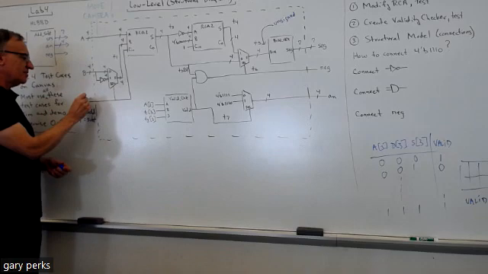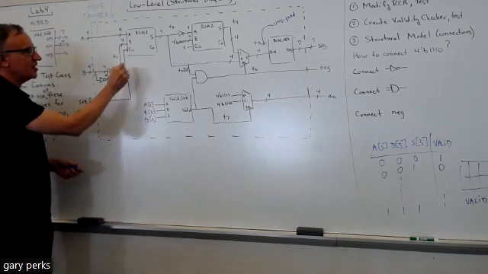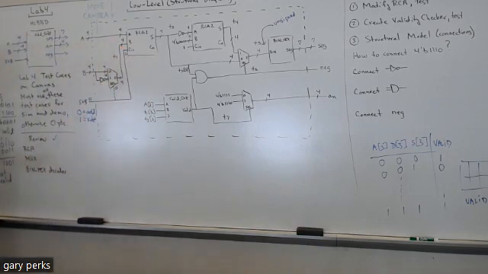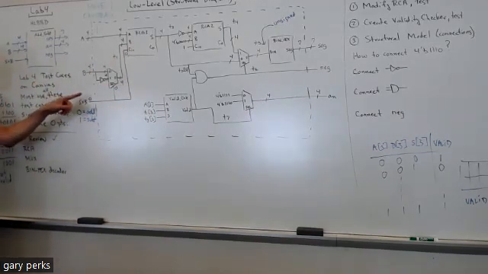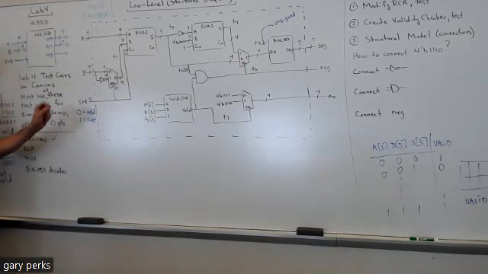So first, let's look at what happens when sub is 0. When sub is 0, it's gonna make the select of this mux a 0, and it's also gonna make the CN, the carry in to that RCA, a 0. Because this is all connected together, right? If you had circuits, this is all the same node. 0 is like 0 volts. As you know, a node has the same voltage; you don't have different voltage on the same node.